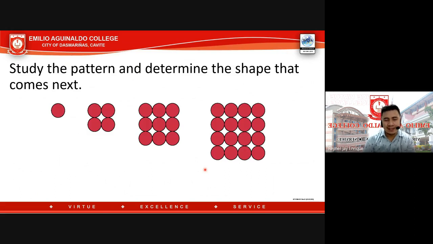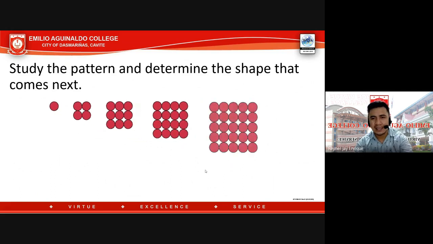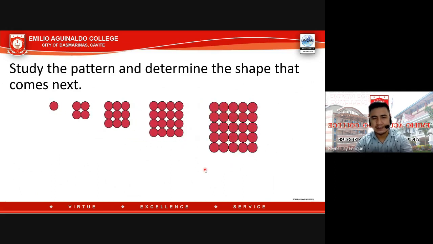So sagutan na natin dito agad, no? Probably the next one will be a 5 by 5 image. So the answer will be 5. Madali lang when it comes to geometric patterns because you're just going to observe the next possible pattern.